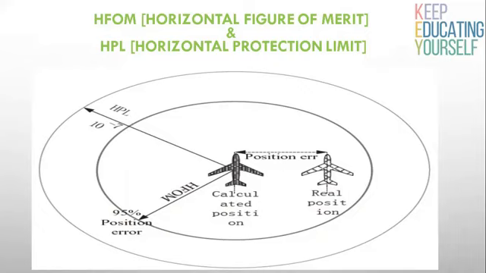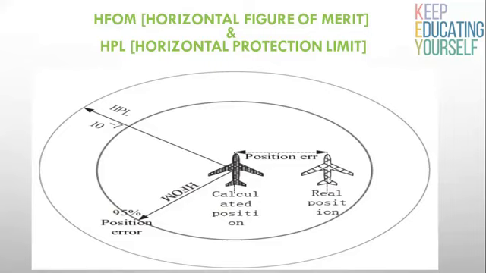Horizontal figure of merit represents the accuracy of the horizontal position information from GPS. It is a figure which represents the radius of a circle which is centered on the GPS position solution and is guaranteed to contain the true position of the receiver to within a certain probability, which is usually 95%.